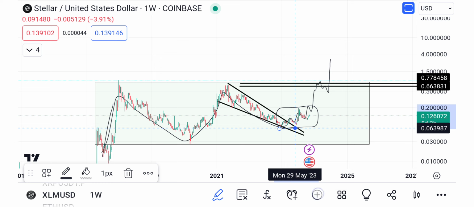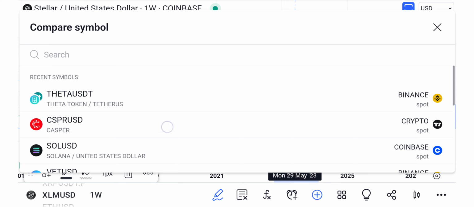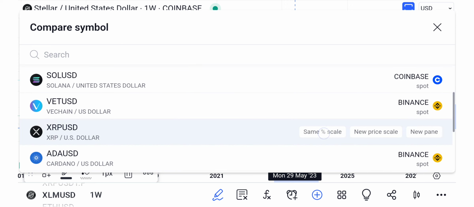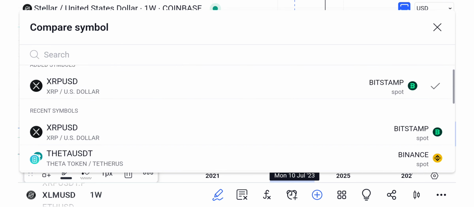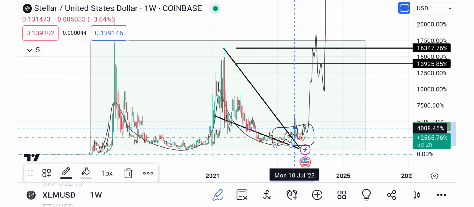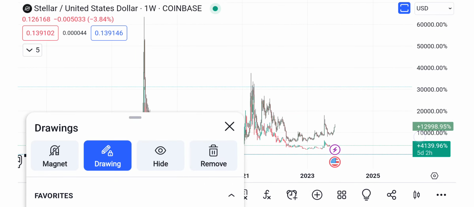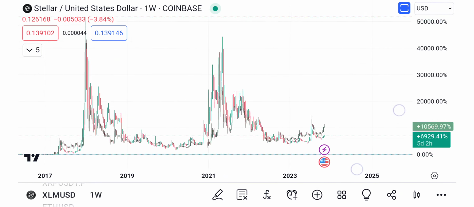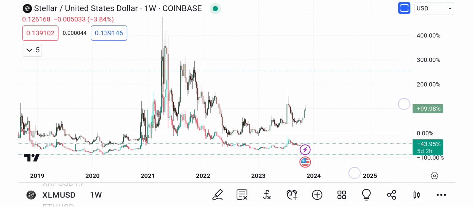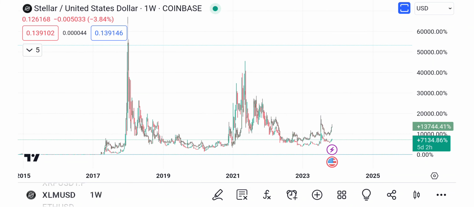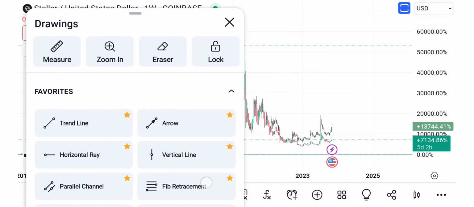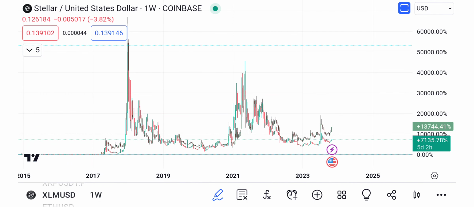If I put XRP on the screen here, you can kind of see what I'm talking about. Let me get rid of all the drawings. So basically, they look pretty identical. They're brother and sister.